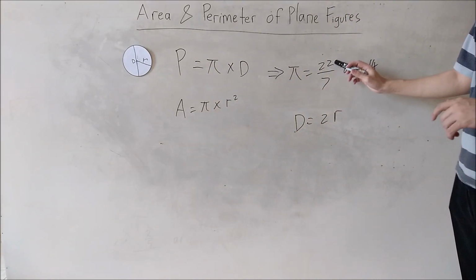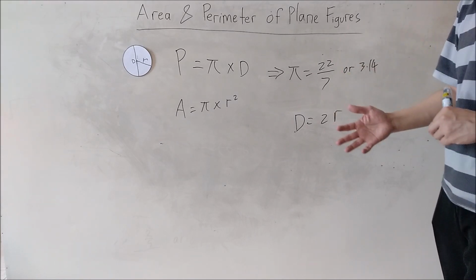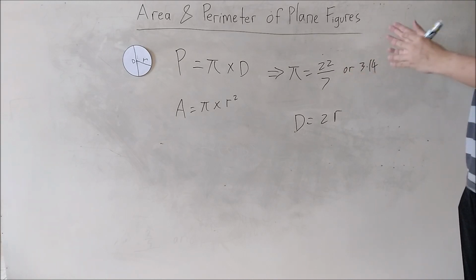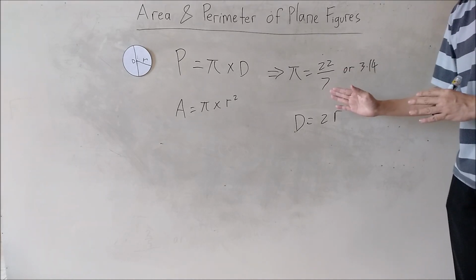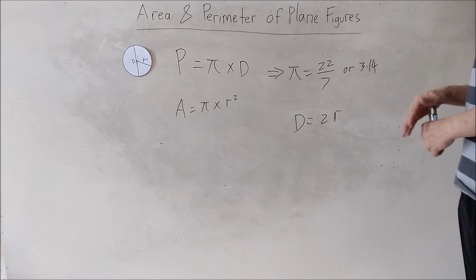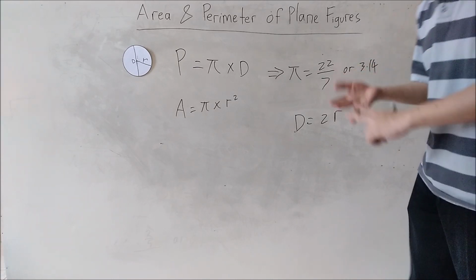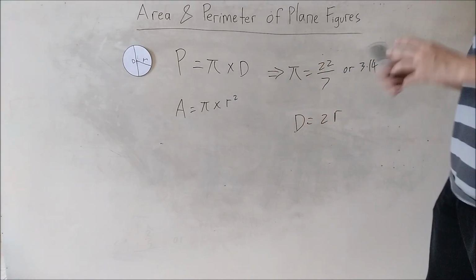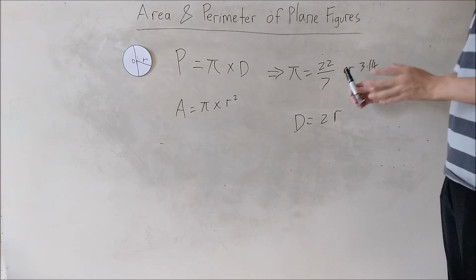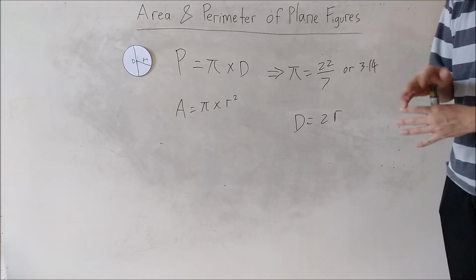When do we use 22/7? When the diameter or radius given to you is a multiple of 7. That means you can just divide the radius or the diameter by 7 right away before multiplying it by 22. However, when you are given another radius number such as 8, 10, 20, you will use 3.14 instead. No matter which one you use, usually it will lead to an answer that's almost the same.